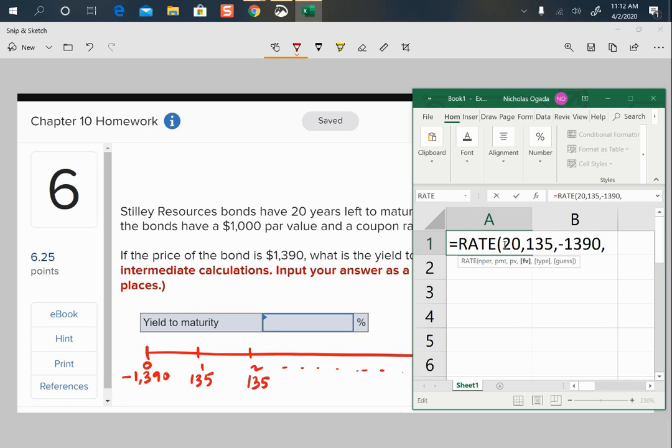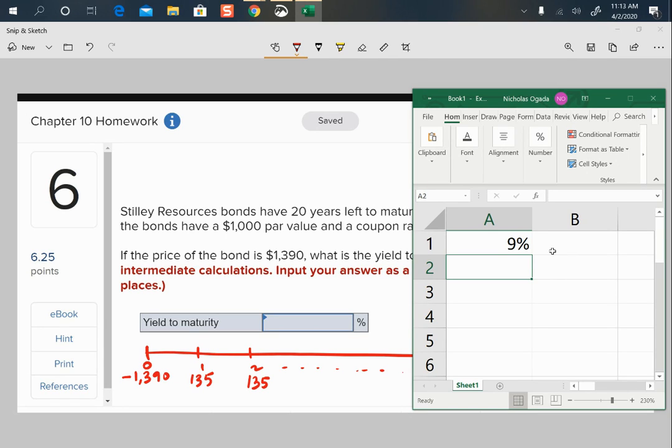Then our future value: this bond at maturity is going to return the face value, or the principal, which is 1,000. You close your parentheses and enter, and you find the yield is 9%.